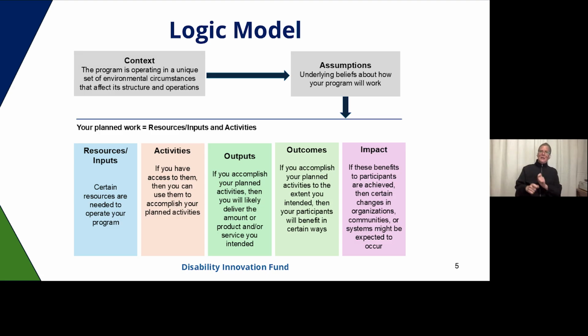These are the early signs that your program is having its intended effect. Finally, we get to impact, the broader, long term changes in communities or systems, like improved health outcomes or policy changes. These take time, but they represent the ultimate goals of your work.